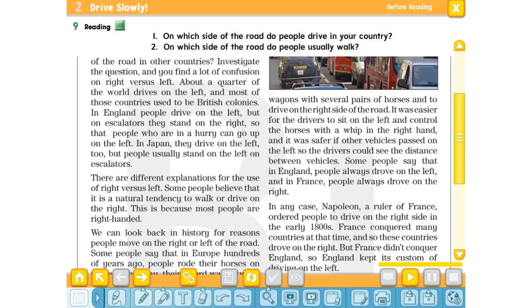Some people believe that it is a natural tendency to walk or drive on the right. Tendency means an inclination. This is because most people are right-handed. Thank you, Ahmed.